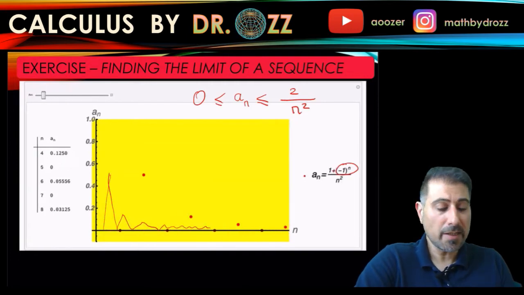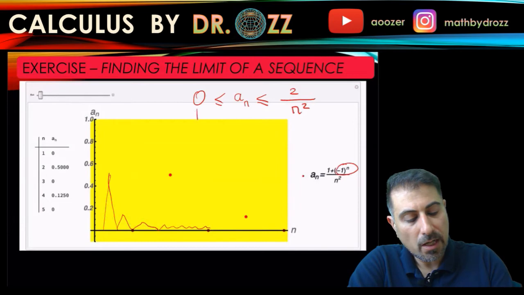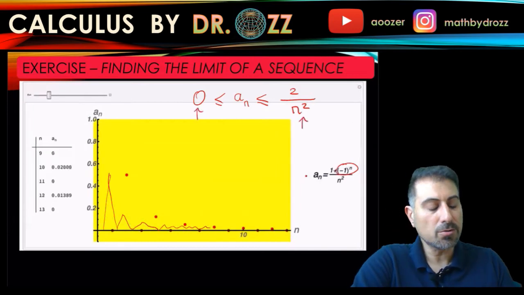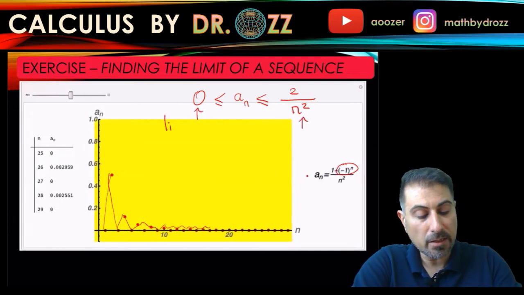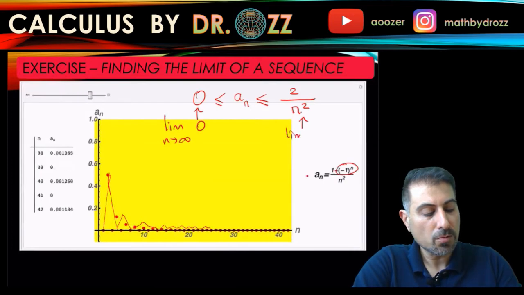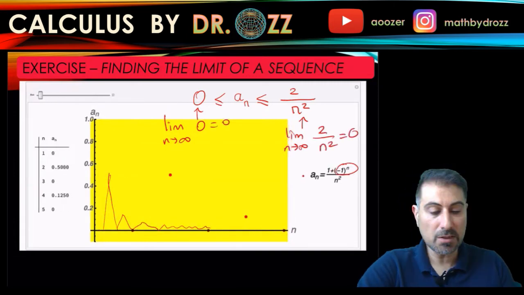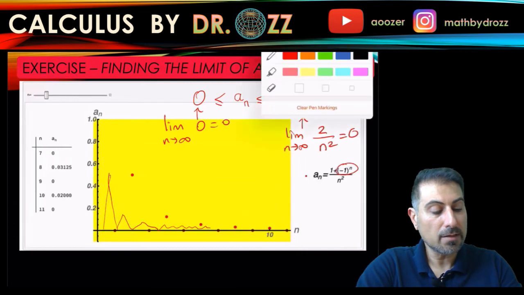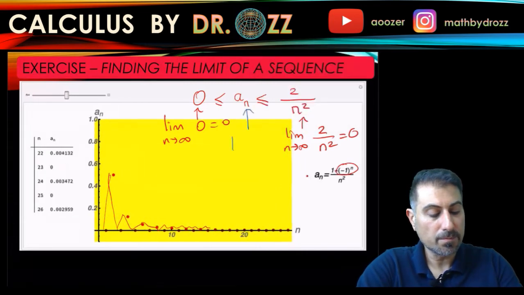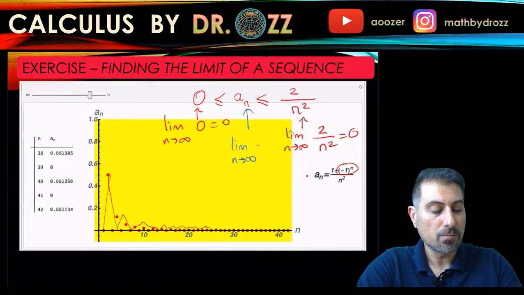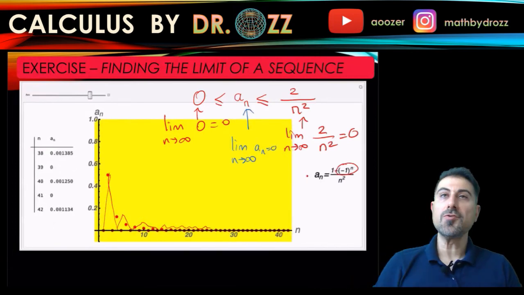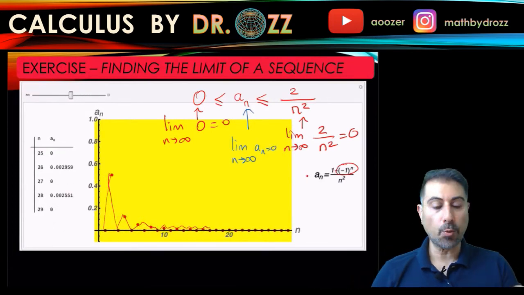This tells me that I can use the squeeze theorem, because the outer sequences are 0 and 2 over n squared. And I know that the limit behaviors of those are both 0. Since the outer limits approach 0, this implies that the inner limit is 0. This is me using an analytic approach like the squeeze theorem.